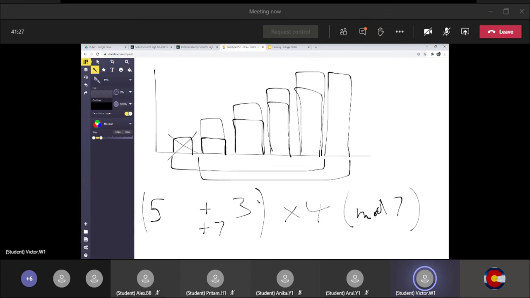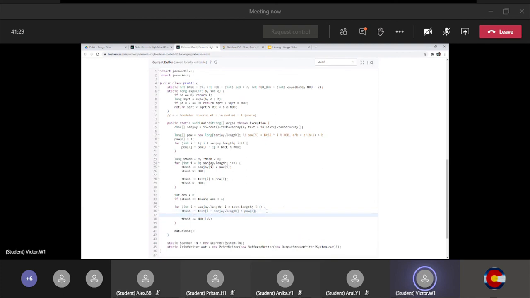So that's a reason why we need to be careful here, because when you subtract this value, your t hash could be a negative number, and that could cause problems. When you have a negative number mod some positive number, you actually end up with a negative number, like -9 mod 4, I think it's -3.